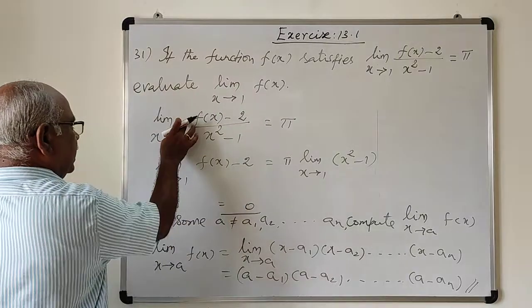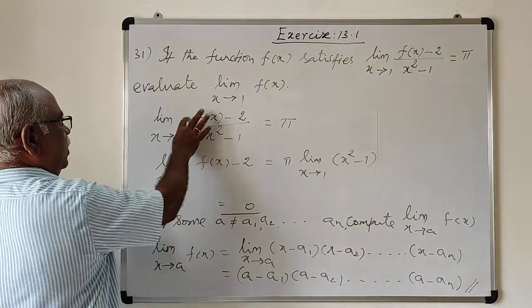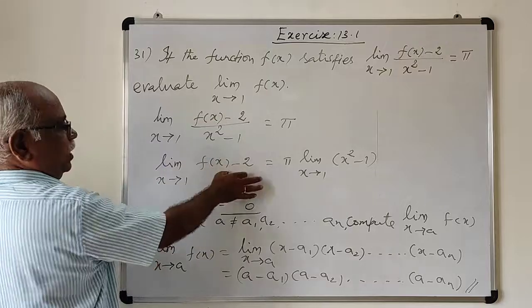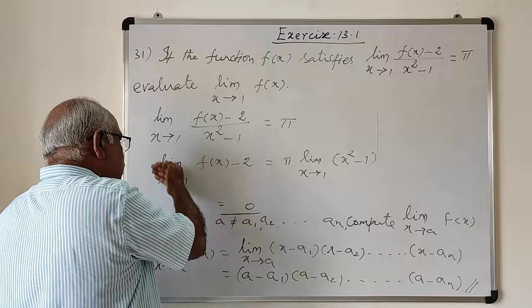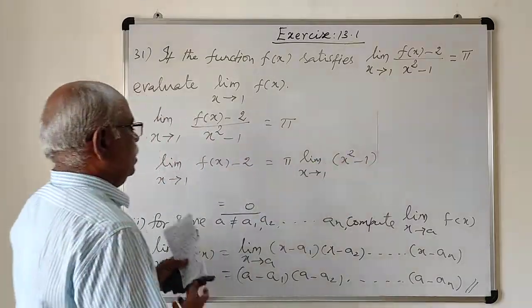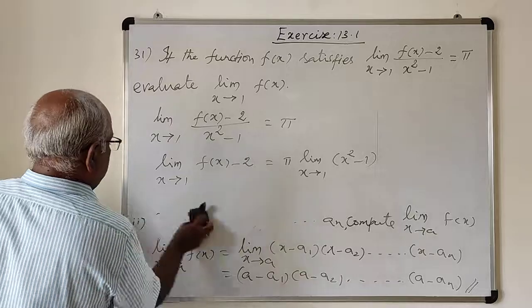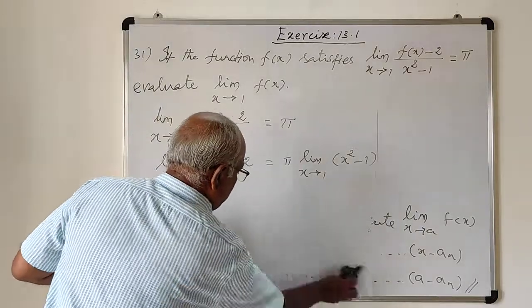Taking the limit in the numerator and denominator separately, the numerator limit is the limit as x tends to 1 of f of x minus 2, and pi is already on the right hand side. Cross multiplying the denominator limit, the limit as x tends to 1 of x square minus 1. You write f of x minus 2 as it is.